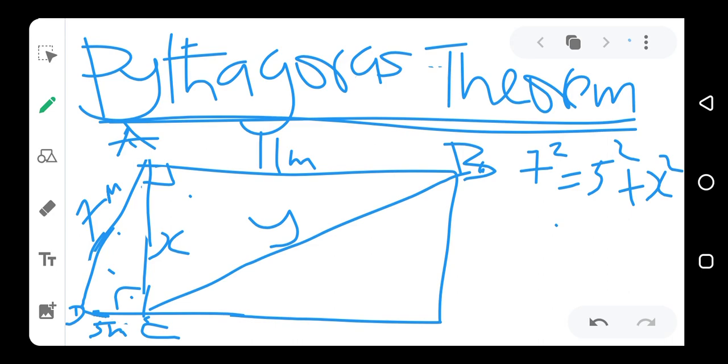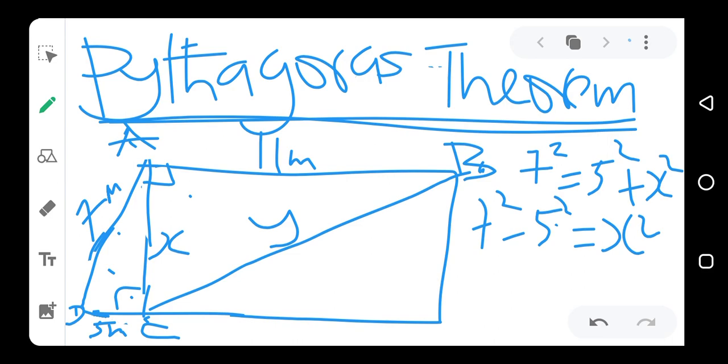Now this will give us 49, or let me say 7 squared minus 5 squared is equal to x squared. Now if we solve this, we are going to get our x.